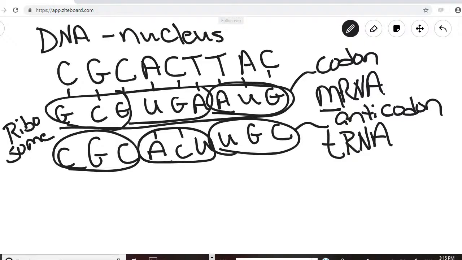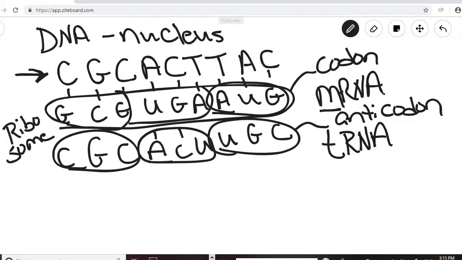So we started with these instructions from DNA, and now we have the instructions in the form of transfer RNA to make the protein dictated by this strand of DNA.